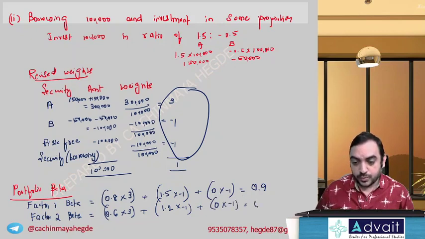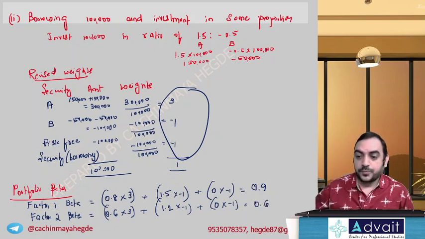So that will give you 0.6. Shorting and investing in borrowed funds will lead to a decrease in beta. Yes. Let's see what happens.